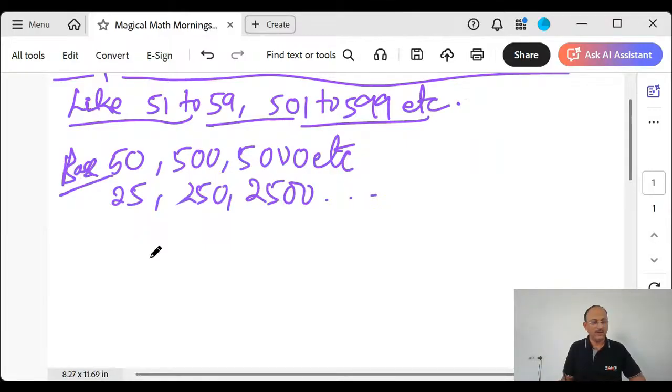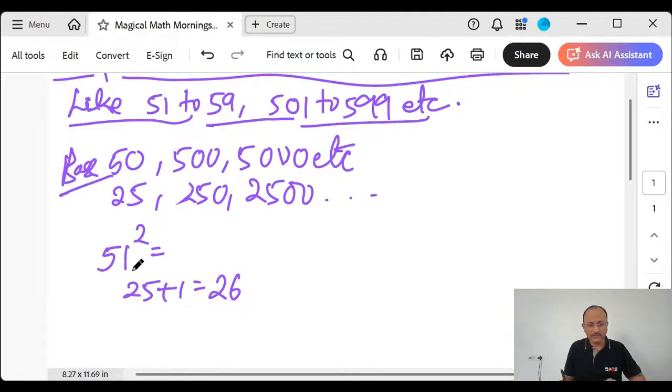Finding the square. For example, if you want to find the square of 51, what do you do? It is nearest to the base 50, so we'll take half of that 50, that is 25, plus what is there in the unit digit. We take 25 plus 1, that will make the first half of the answer, that is 26.